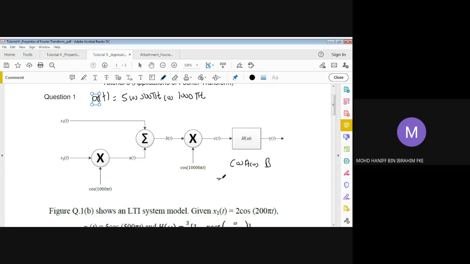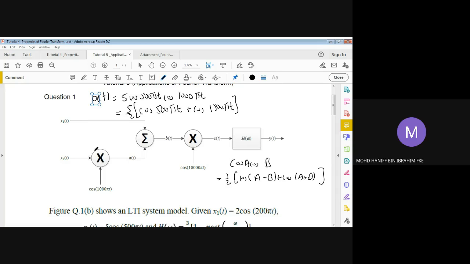So we're going to have 5/2 [cos(500πt) + cos(1500πt)]. That should be the result for a(t).